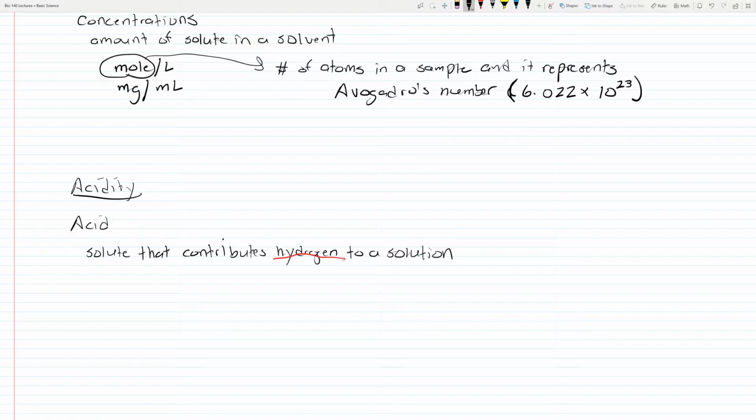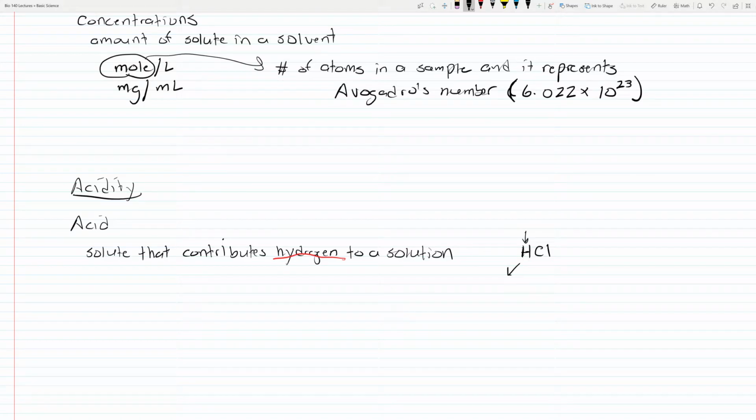It makes sense. So when we talked about compounds and those ionic compounds dissolving, they like to break apart. I'm going to give you an example of HCl, which is hydrogen chloride, hydrochloric acid. When you put HCl in water, this hydrogen right there kind of acts like a metal.